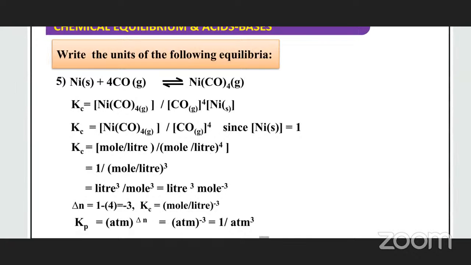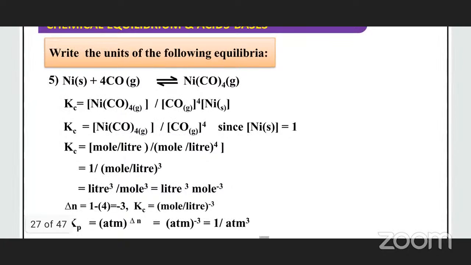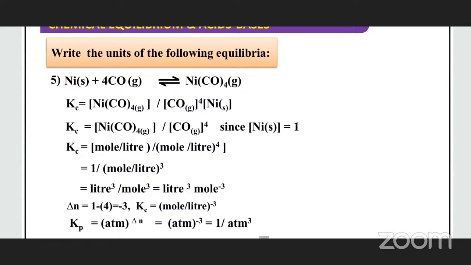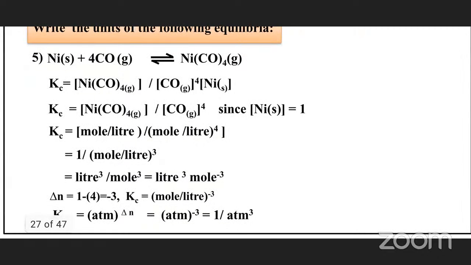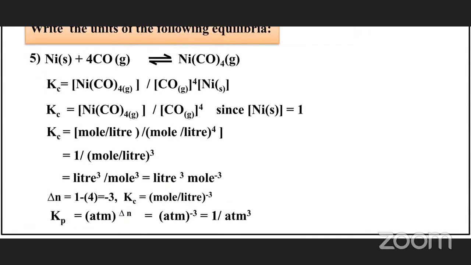Therefore, Kc is equal to mole per liter by mole per liter to the power 4, so 1 by mole per liter to the power 3. The units are liter cubed per mole cubed. So the units of Kc are cubic liter per mole cubed. Delta N is equal to the product moles, 1, minus the reactant moles, 4. 1 minus 4 is equal to minus 3.